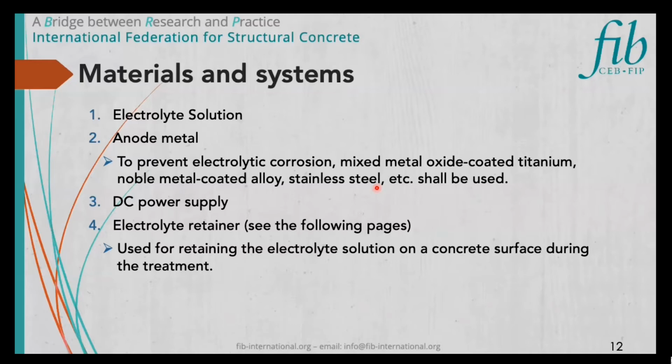Mixed metal oxide coated titanium, noble metal coated alloy, stainless steel, and so on shall be used. This is applied with a sufficient capacity. And electrolyte retainer that is used for retaining the electrolyte solution on a concrete surface during the treatment must be selected.